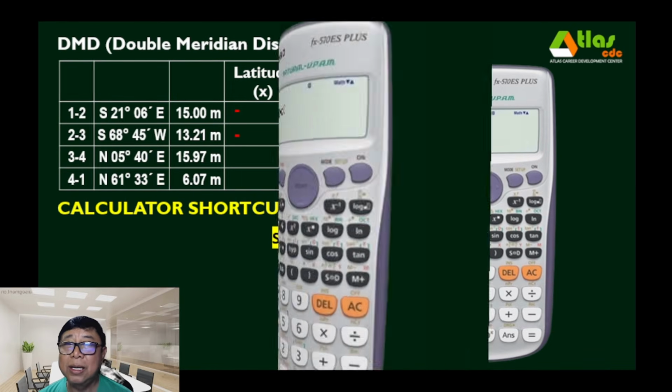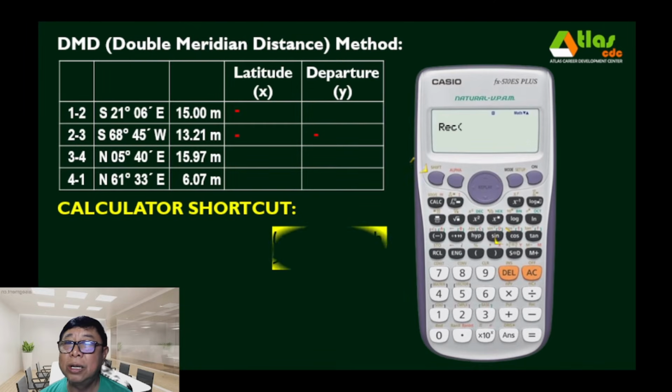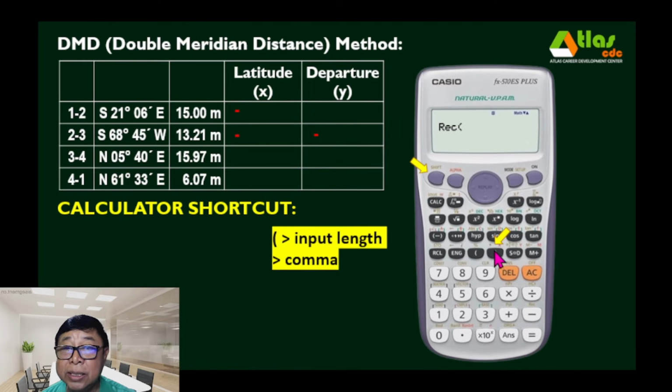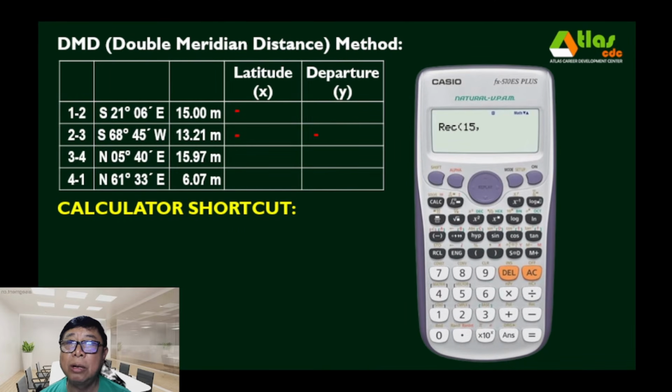And then next, you input your length, the 15 meters. So just input 15 and then comma. The comma is shift and then press the close parenthesis. So you will have 15 comma.